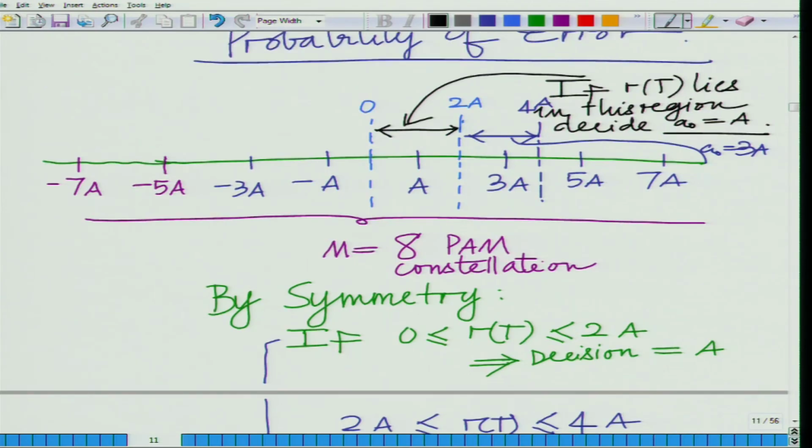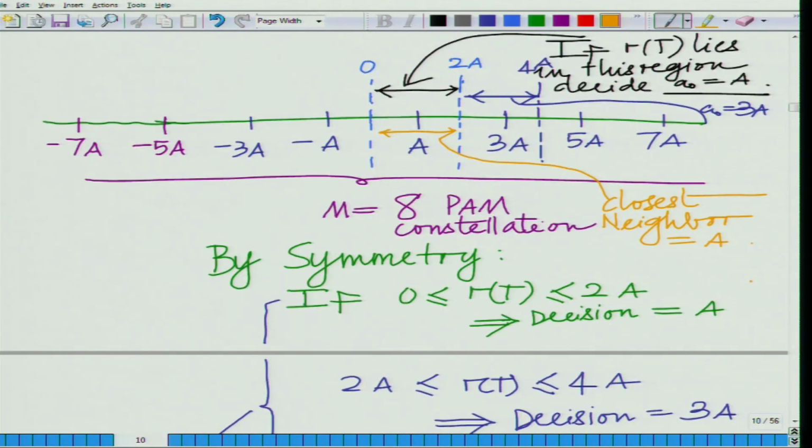Another interesting aspect you can see here is that you can also call this the nearest neighbor criterion, because if R lies in 0 to 2A, then the nearest neighbor is A, that is, it is closer to A than to the other points. So, in this region the closest neighbor is A. This decision rule is basically taking RT, looking at the closest neighbor and assigning it to the closest neighbor.